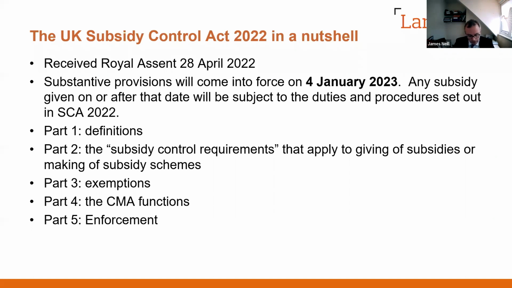So that's the real meat of the substantive provisions. Part 3 sets out the exemptions to those subsidy control requirements. Then Part 4 sets out the CMA functions and enforcement, and that's the section that Barney will be addressing in a bit more detail, so I'm not going to touch on that for my presentation.